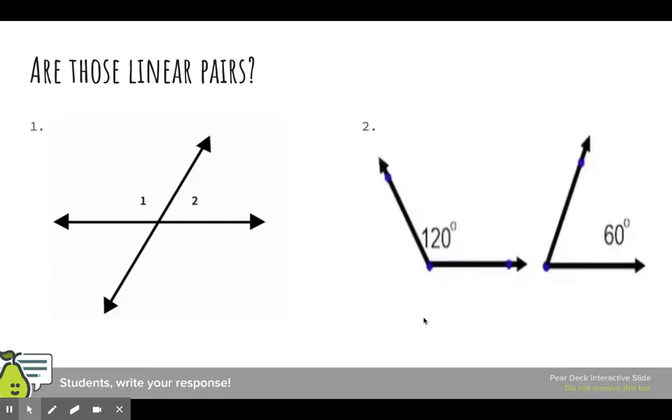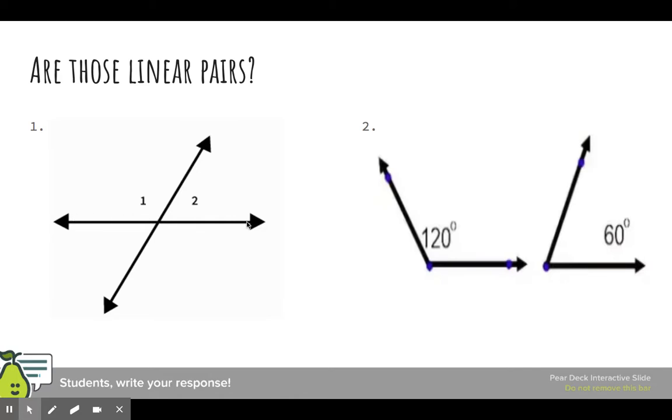Okay, so let's look at those two examples and see which ones are linear pairs and which are not. So the first one, we see that angle 1 and angle 2 are next to each other, they're adjacent. So we satisfy the first condition. Are they making a line? Yes, they are sharing this line here, right? So yes, they are making a line right here.